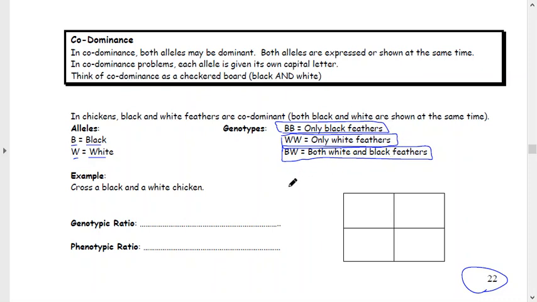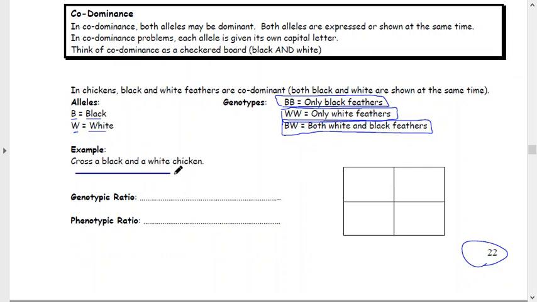This is how you can get spots. If you have a breed of dog or a cat, and you have different colors show up on different areas of the animal, it's because those traits are codominant rather than a blending of the two.